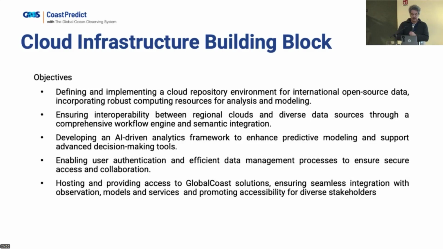And we want to be safe in terms of authentication. So our data should be accessible but also protected. And we want to make it really seamless in the integration of observation, of course also the satellite one we were discussing with Jerome and Maribeth, and modeling and the in situ, and make them accessible.